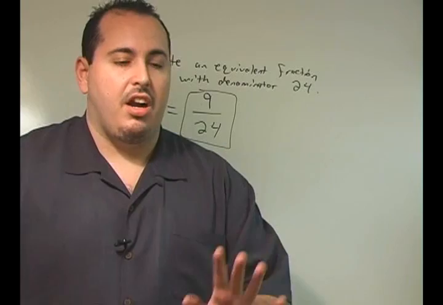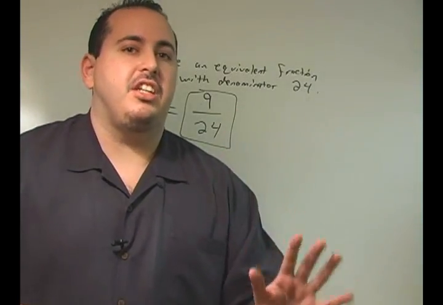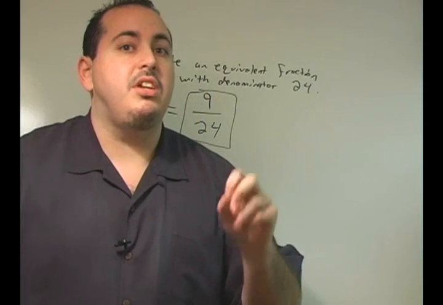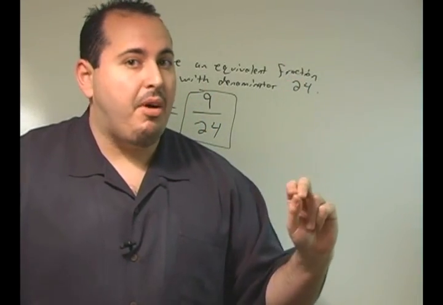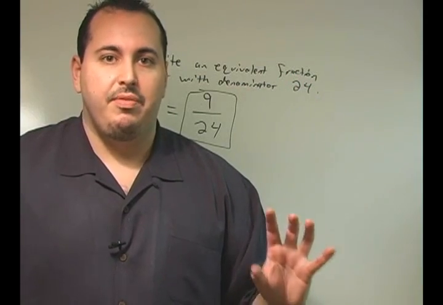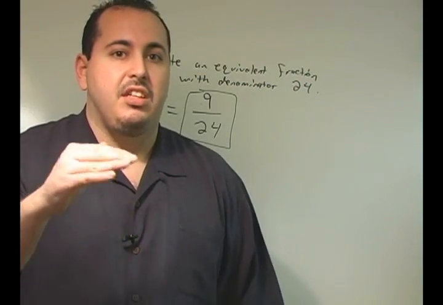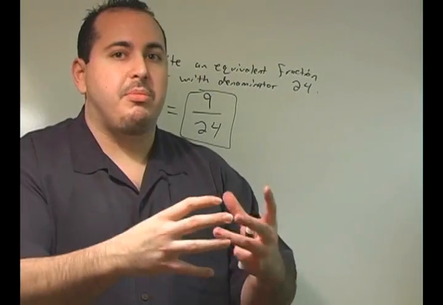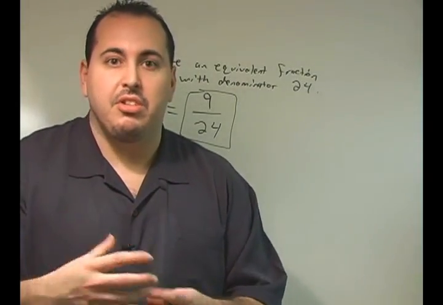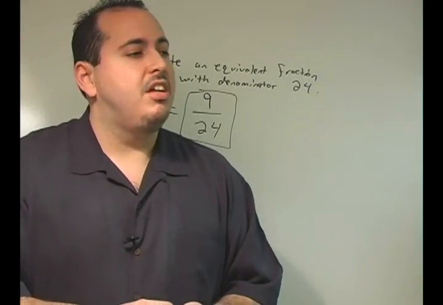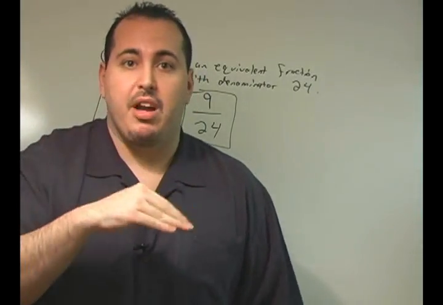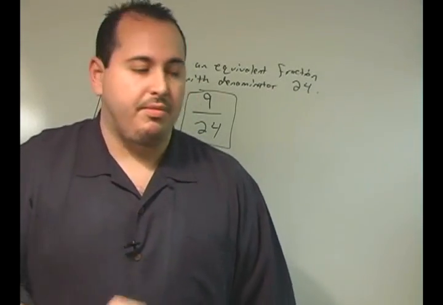So the rules are, if you want to change your fraction to a different fraction, there's only two things you can do. You can either divide the top and the bottom by the same number or multiply the top and the bottom by the same number. The advantage of dividing is you make your numbers smaller, and usually you want to write your answer with the smallest possible numbers so that it's as simple as possible. So someone might say simplify a fraction, and you would start trying to divide the top and bottom by something and make the numbers smaller.